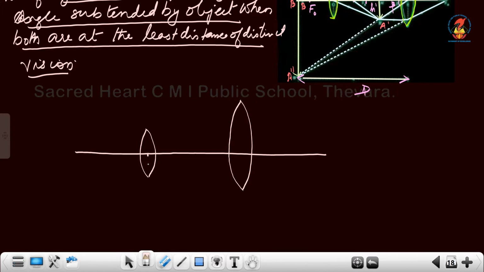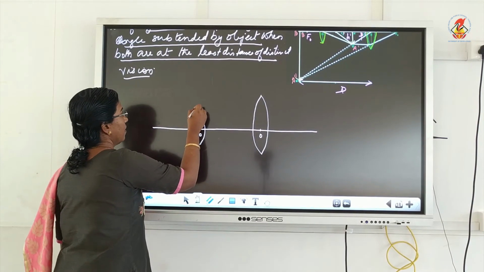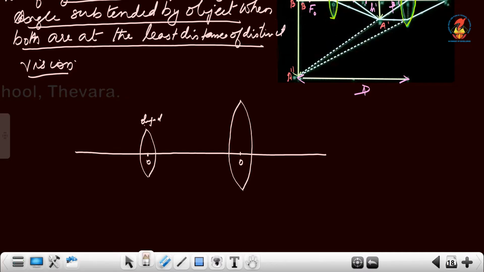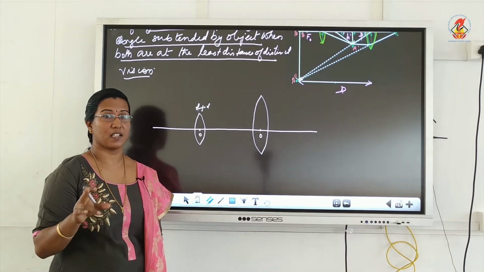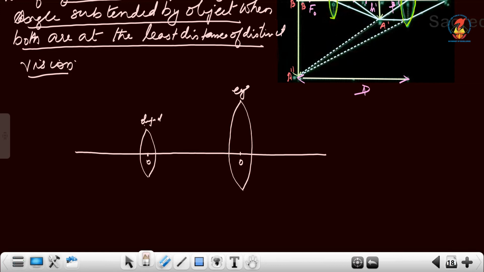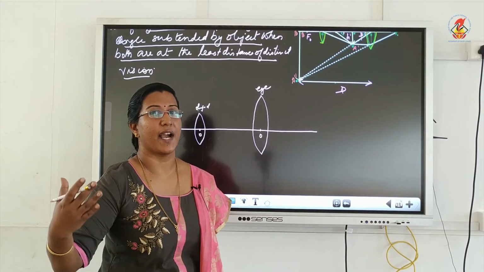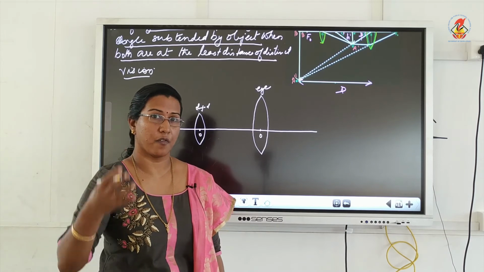Now, imagine there are two lenses, and the object is placed in front of the first lens, that is the objective, and this objective forms an image. That image acts as a virtual object for the eyepiece or the second lens, and we get the final image after refraction of the rays passing through the eyepiece, at the least distance of distinct vision.